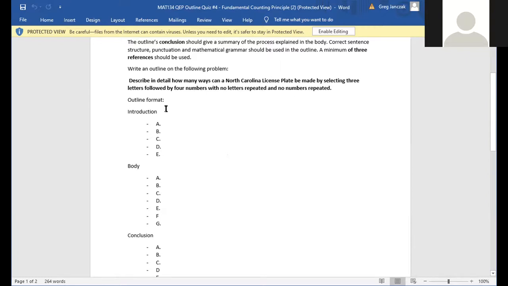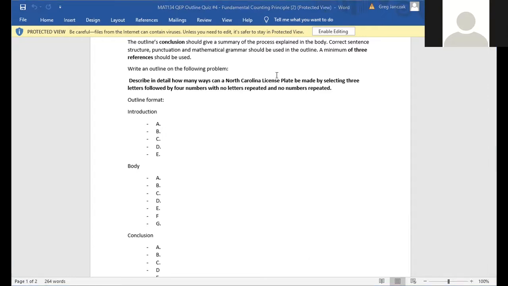Okay, in the introduction, you can state things, you can define things like, well, what property are we using here? Well, we're using the fundamental counting principle.